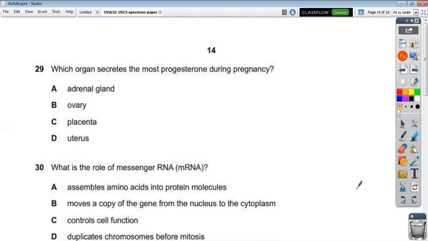Who remembers that I said that? So what will be secreting progesterone during pregnancy? You said it's the placenta. That's what he said. During pregnancy.